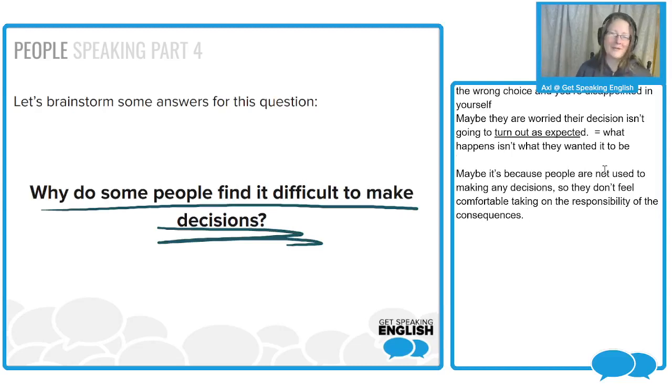So some people don't get a lot of chance to make their own decisions at all, right? So maybe that's hard, right? Maybe they doubt themselves. Like you said, they doubt their ability to deal with negative consequences, right? They're worried about being the person responsible for that. Yeah, exactly. So it could be really hard that way, right?